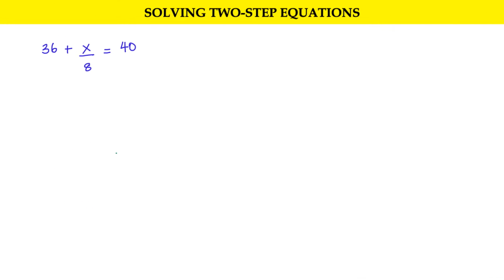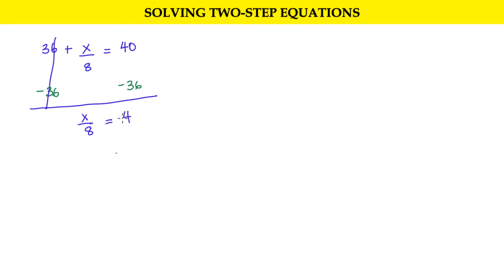We have 36 plus x over 8 equals 40. Our first job is to get rid of this 36, and we can do that by subtracting 36. Remember, the first number is always being added, so we're going to get rid of that by subtracting it. When we get rid of 36 on both sides, we are left with x over 8 equals 4.